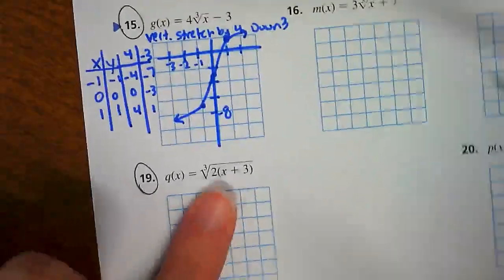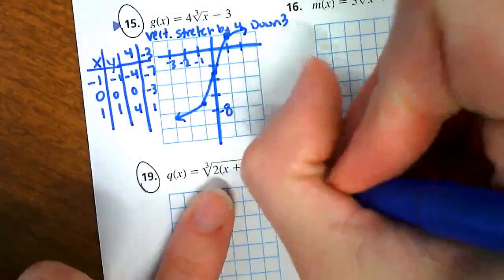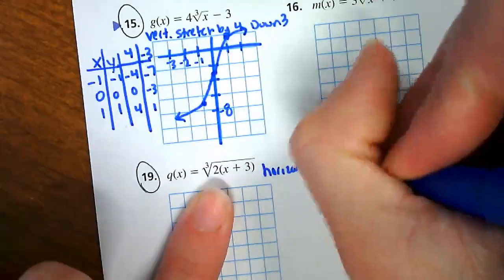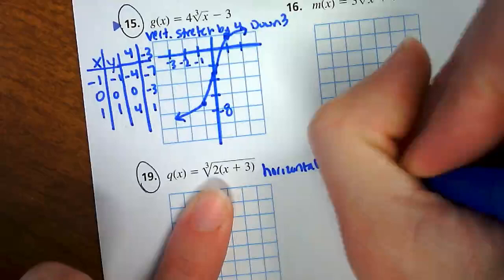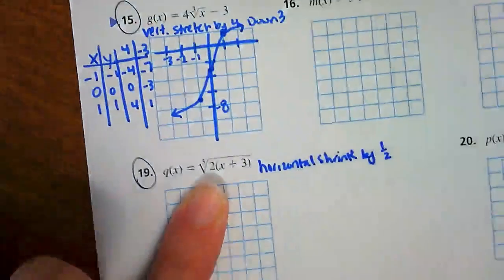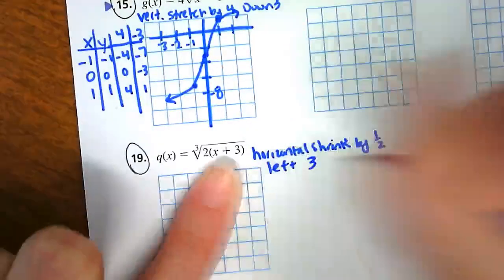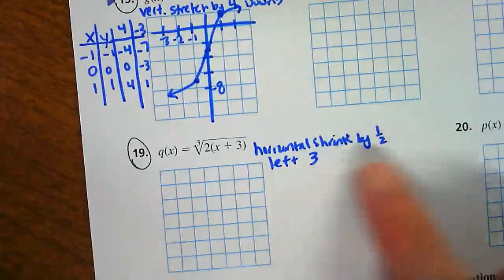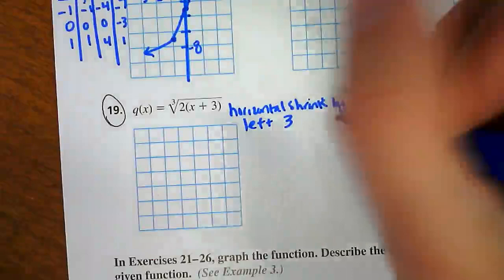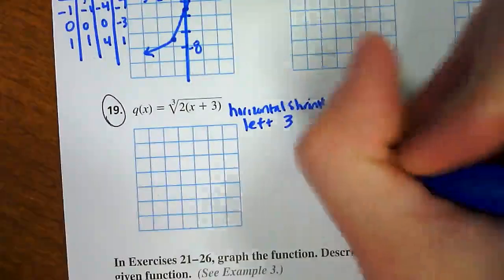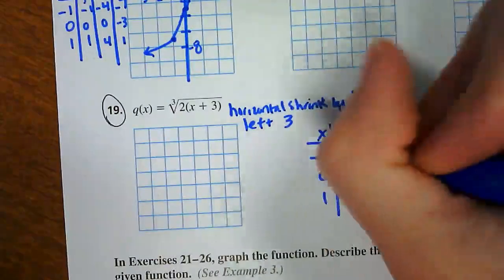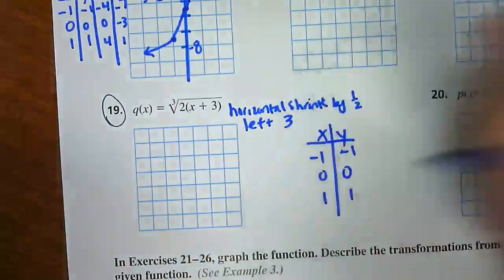So this means it's a horizontal shrink by 1/2. +3 means I go left 3. Both of these are happening to my x values. When I do my chart, I want to make sure I have room on my x side.